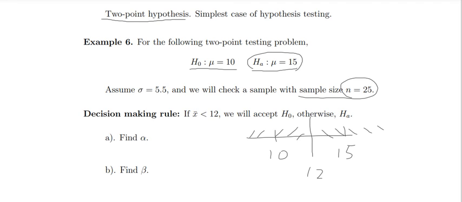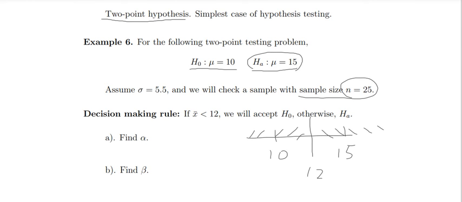We will have a very small chance to make a type 1 error or a type 2 error. So this is good. For this simple case, where we just want to separate 10 or 15, it is easy. We can separate them easily, and we will not make much mistake.